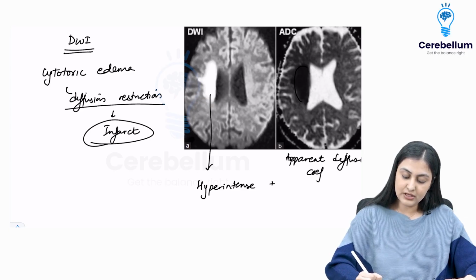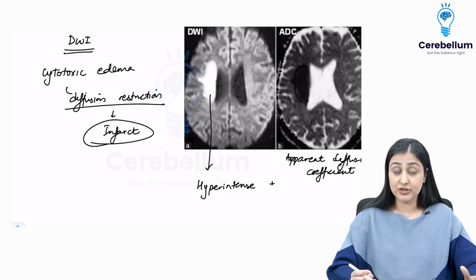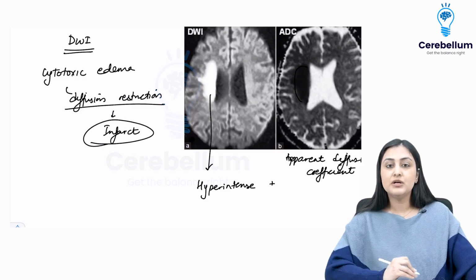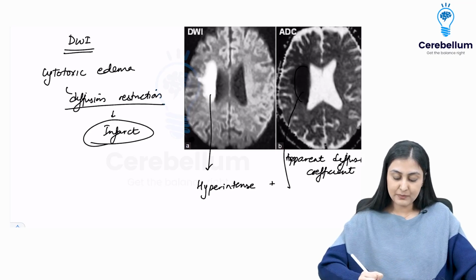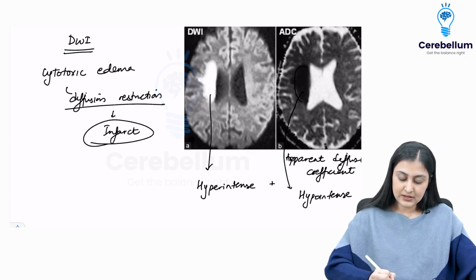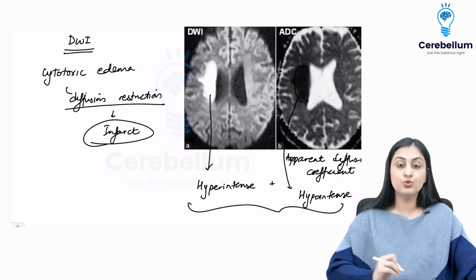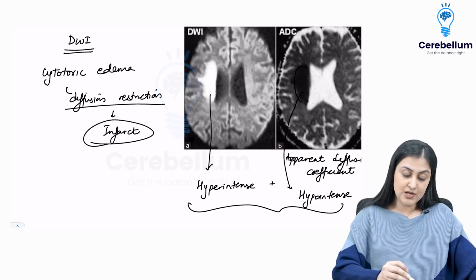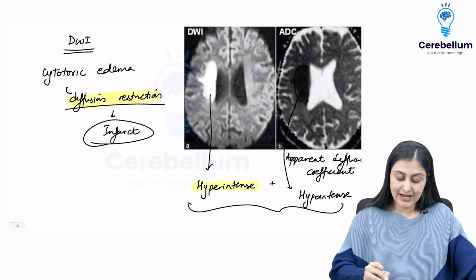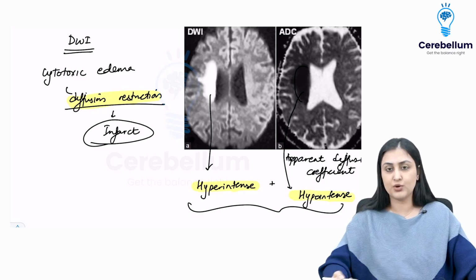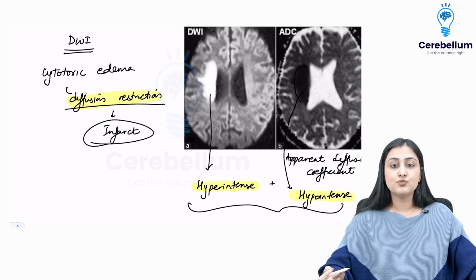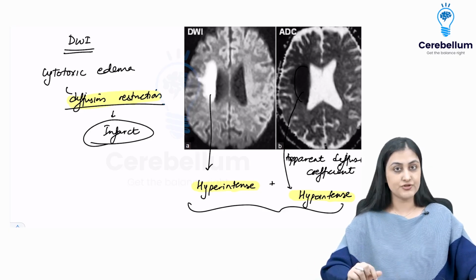It is just going to tell you that whatever was white, hyperintense on DWI, if it becomes hypointense on ADC, this is what we say is true diffusion restriction. So any stroke would be white on DWI and dark on ADC. Don't really worry too much about it. You just want to remember infarct shows diffusion restriction.